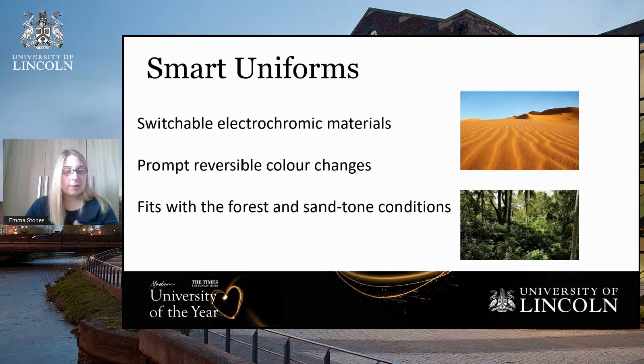And again, if this was embedded into military clothing, it would provide convenient and quick improved camouflage to these different conditions. So the current idea is that this could be activated via a button on an app. That is currently what researchers are looking at.